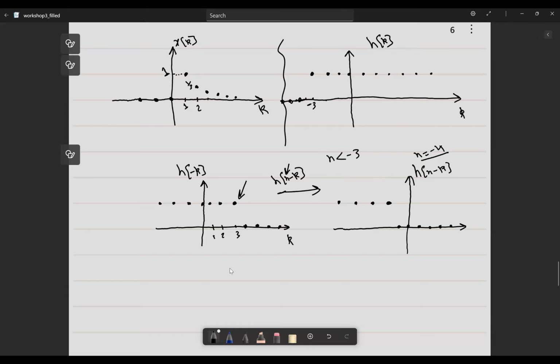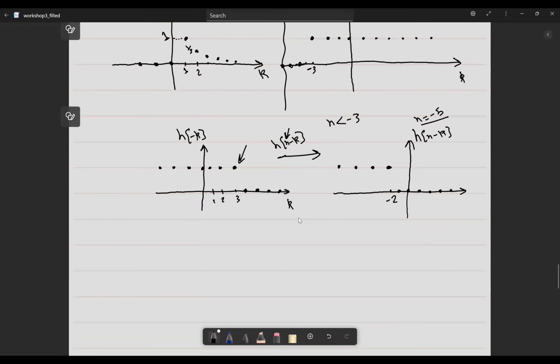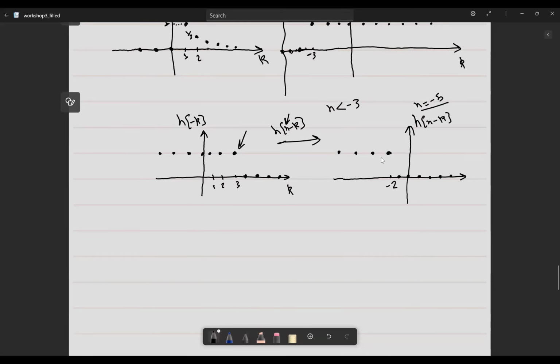Here is -1, -2, and 1, 2, 3. This is not 0 here.